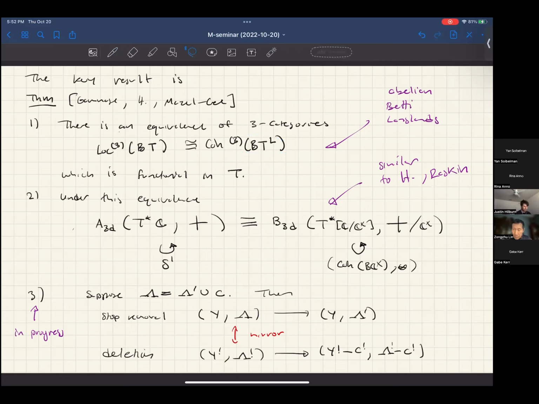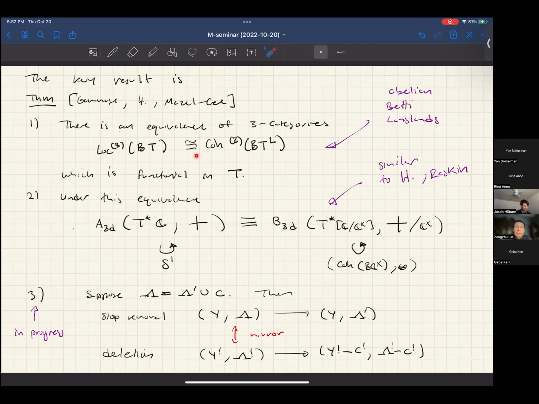So this is some version of the kind of computations that I did earlier in this Teleman example. This is actually the 3-categorical version of Langlands for a torus. But anyway, one can prove this result.